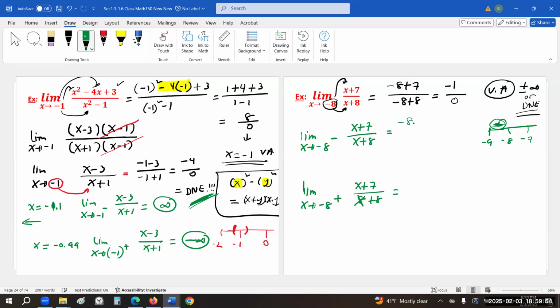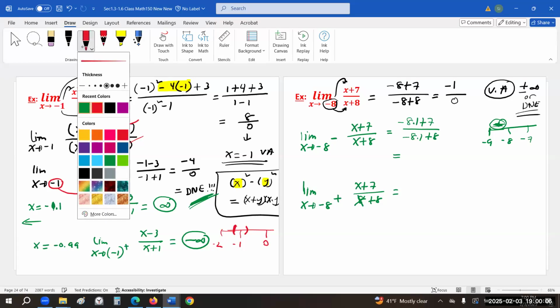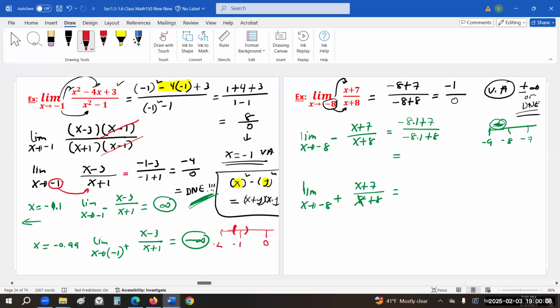So -8.1 plus 7, -8.1 plus 8. That gives us -8.1 is bigger than 7, but it's negative, so we have a negative on the top. -8.1 is bigger than 8, but it's negative, so we have a negative on the bottom. So we have negative over negative, which is positive.